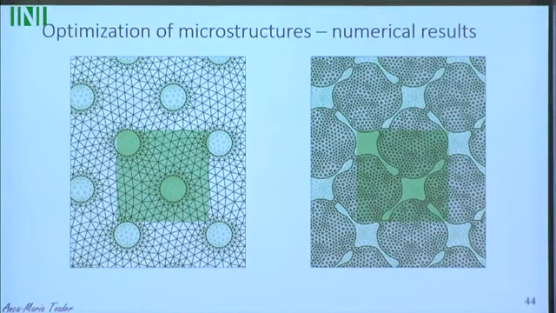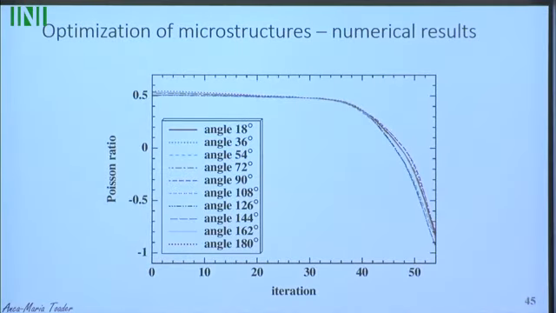We will start with this initial guess, with this square periodicity, and we'll obtain this kind of final design here. Here is the graphic of the Poisson ratio for these 10 defined angles.